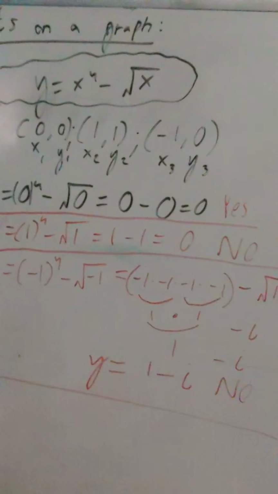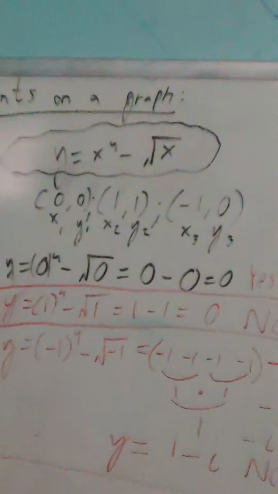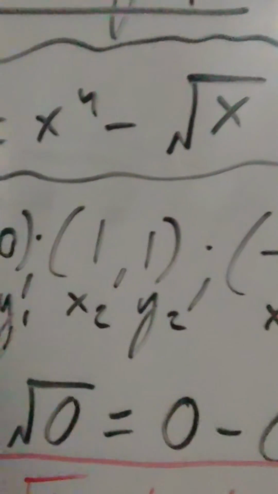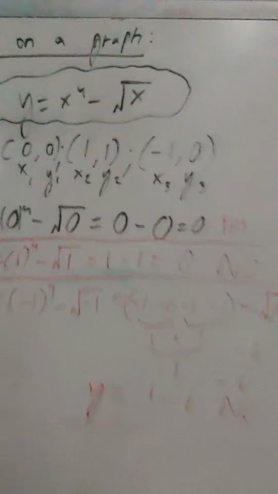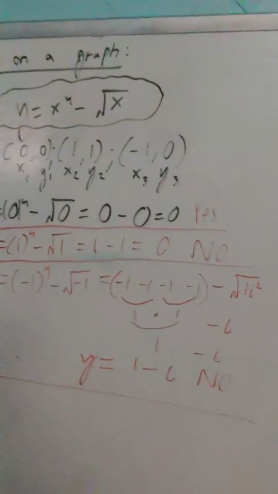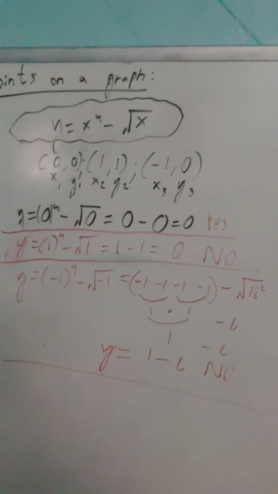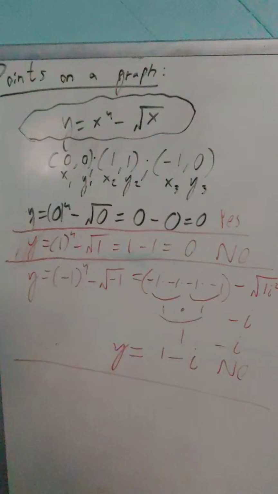So you have 1 minus 1, which is just 0. Now, if we look back at the point identified here, it said it was (1, 1), and the y value is supposed to be 1. However, when we plugged into the equation, we got 0. So this function does not have the point (1, 1). It should have (1, 0). So we know the second one will not be on the equation.